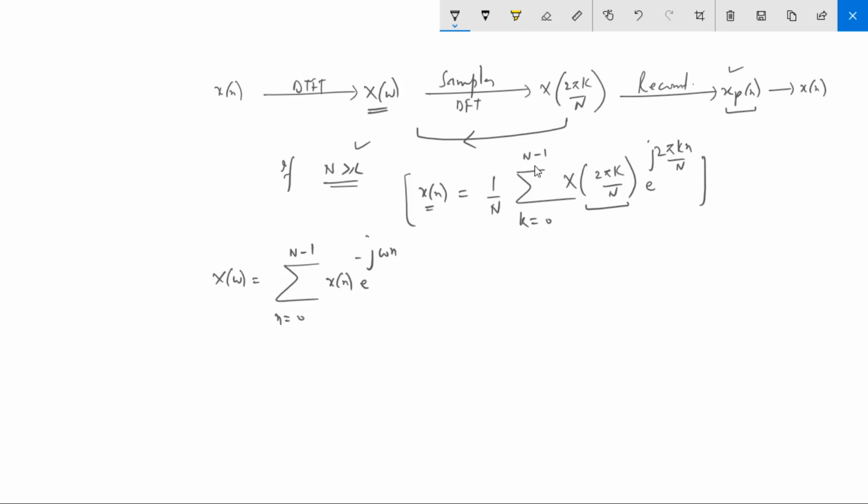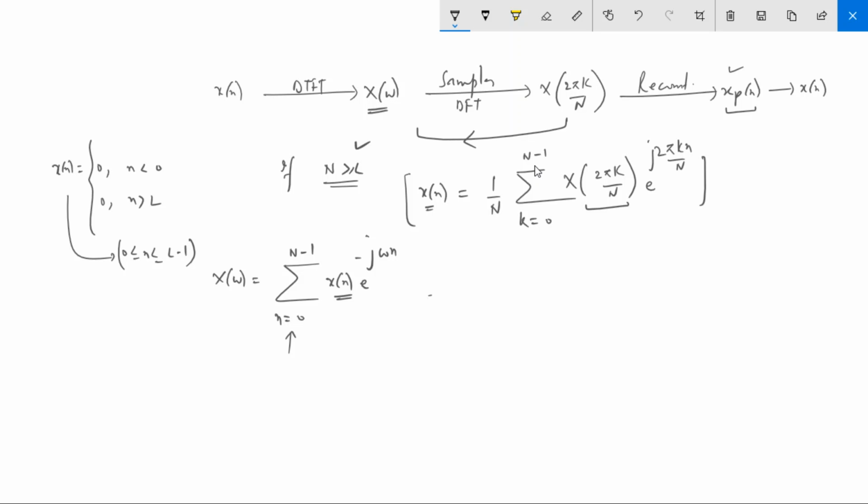In fact this summation is from n equal to minus infinity to plus infinity, but since the sequence has only L samples, we assume that x(n) is equal to 0 for n less than 0, and also 0 for n greater than L. It means your sequence is limited between 0 to L minus 1. So in that case, in the Fourier transform, the summation will go only from 0 to N minus 1.